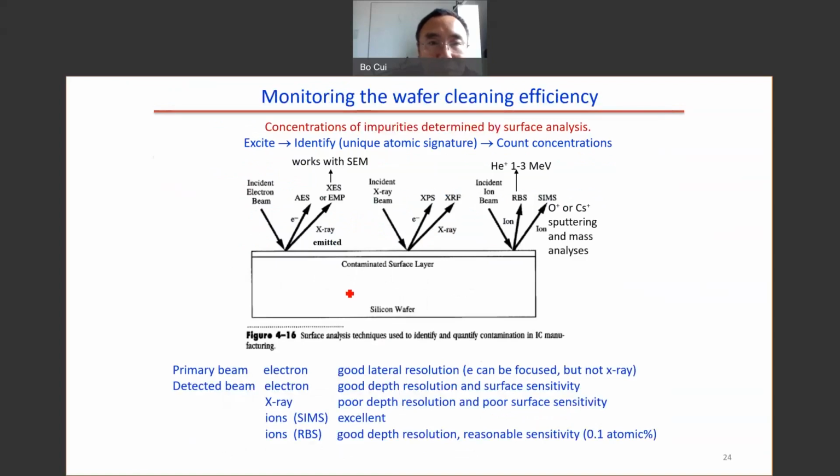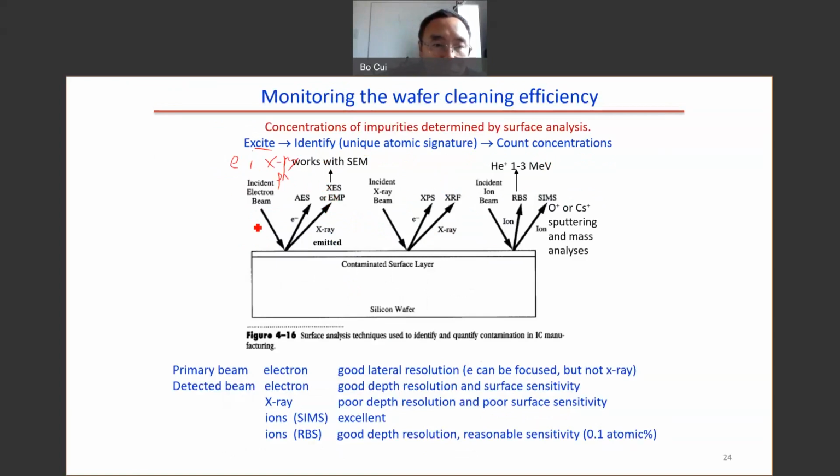For the impurities, we can use material characterization methods. I know you learn about characterization of materials in your second year. We excite the sample by using electrons, ions, X-ray, or photons, we look at the signals, then we count the concentrations.